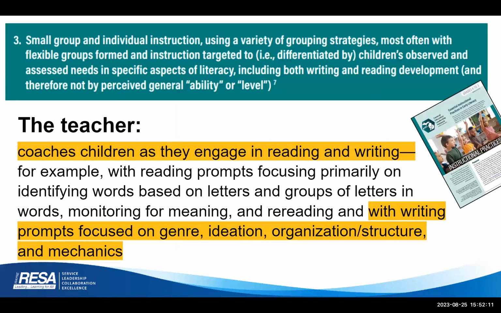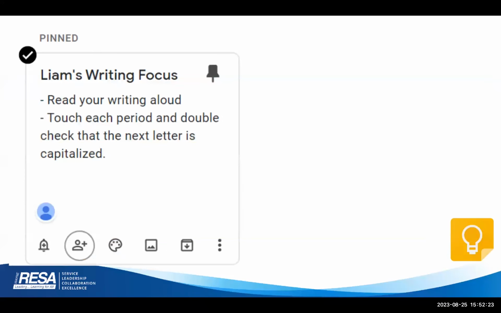When I think about myself as a writing teacher, one of the things that I know from the literacy essentials is that I need to coach children on high quality writing, and then I need to be giving them specific targeted feedback. Google Keep lets me do that in some ways that are really helpful. I can give myself a specific focus for a child. I can share it with that child.